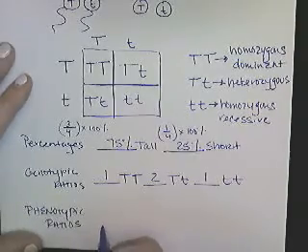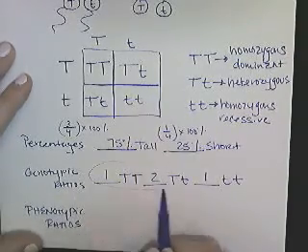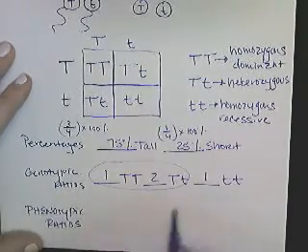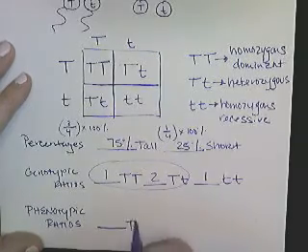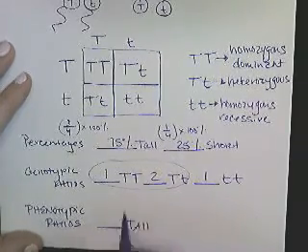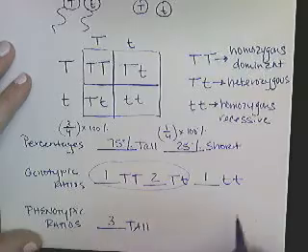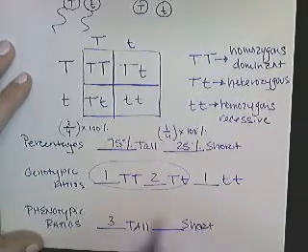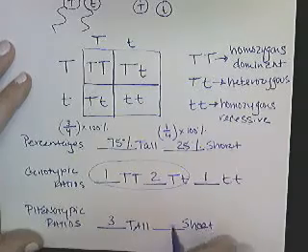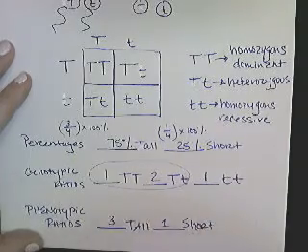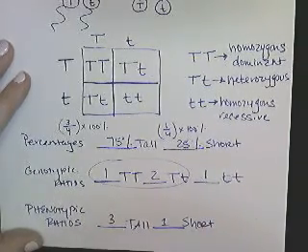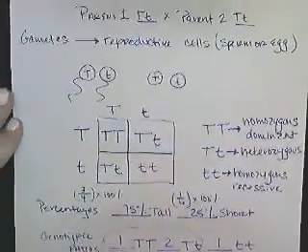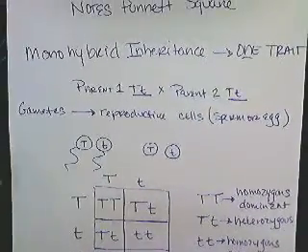And these two genotypes will then go on to produce tall offspring, so that's 3 out of 4, compared to the chances of having short offspring, which is the physical trait, so it would be a 3 to 1 ratio for the phenotypic ratio. Okay, that's how we set up a monohybrid inheritance cross.